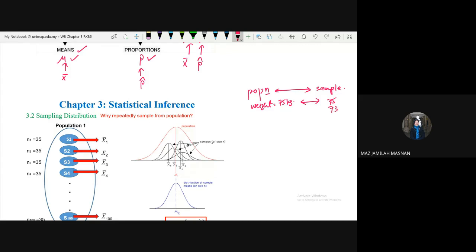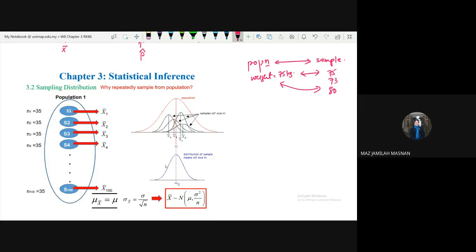or could be lesser, or could be greater. The same goes for the sample as what happened to the population. So we believe that if we sample out different samples, imagine I have a population this big, which is what I draw now.